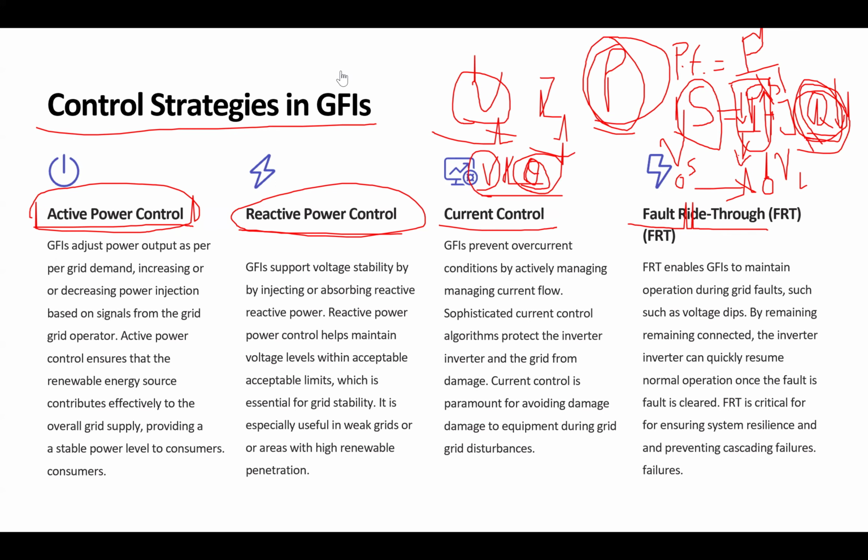Now, we said we are using a phase angle to control our power injection. So we have our DC source here. We have our switches, let's say an H bridge.